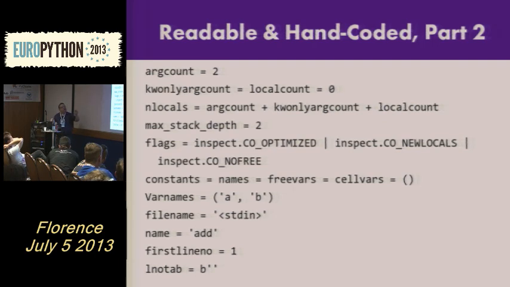So who does not get CO_OPTIMIZED? It's a very similar list. It's classes, it's modules, and it's eval. And back in the old days, when you could say import star inside of a function, doing that would turn off CO_OPTIMIZED because you could no longer use fast locals because you didn't know in advance what variables you were going to have.